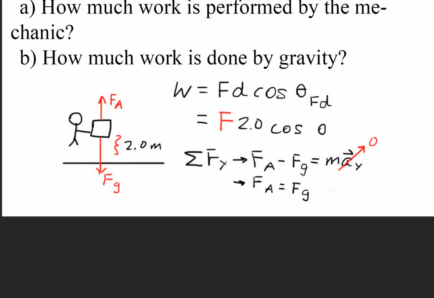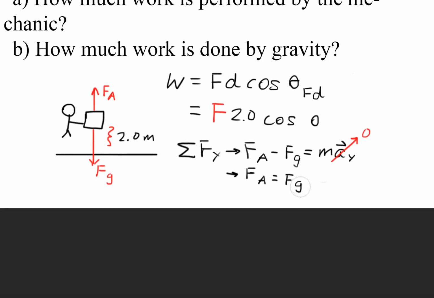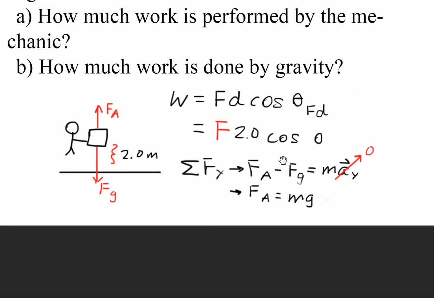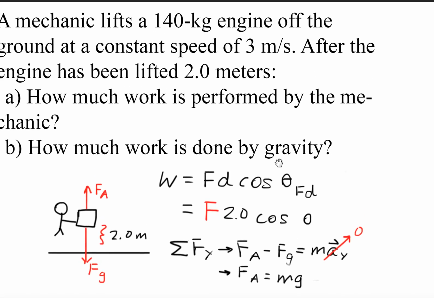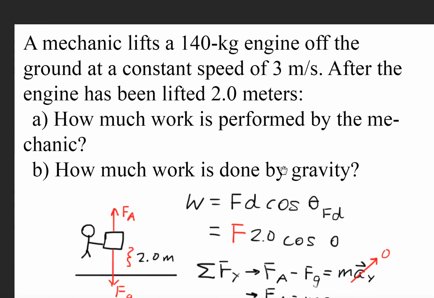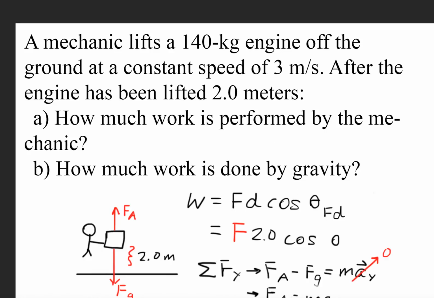And all I did there was move this term to the other side of the equation where it was 0. Now, I can rewrite Fg as mg because the force of gravity is the mass times gravity. So our applied force, this portion right here, is equivalent to the mass of the engine multiplied by gravity.